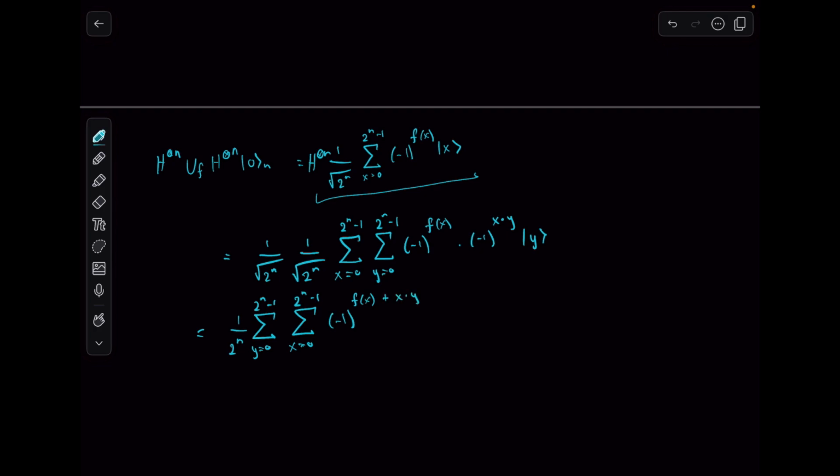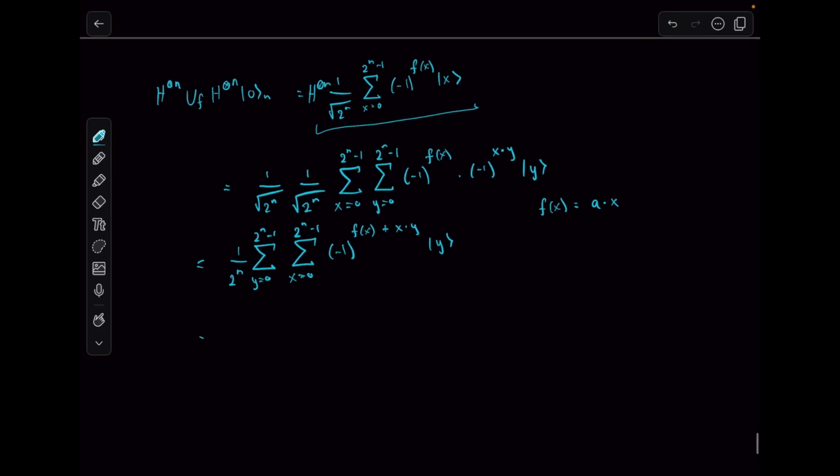And now I'm just adding these two things because we're multiplying two exponentials. And now we can substitute the value of f of x. What is it actually computing? Well, it's computing the same modulo 2 inner product, or scalar product, between a and x.